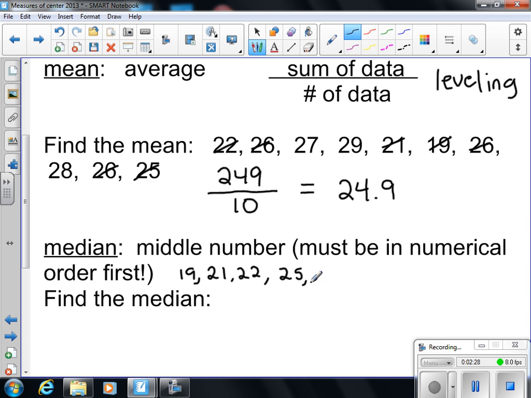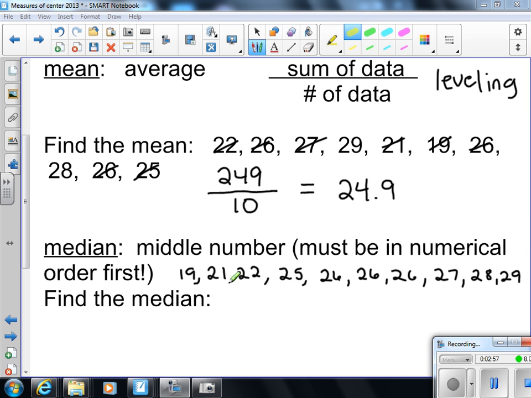Looks like three 26s. 27, 28, and 29. And let me count my numbers. 1, 2, 3, 4, 5, 6, 7, 8, 9, 10. Okay, looks like we're good.